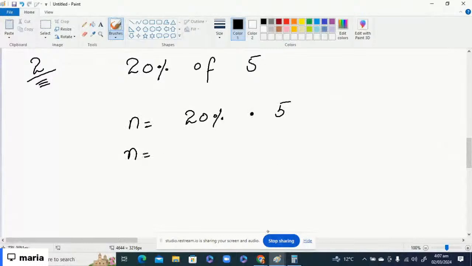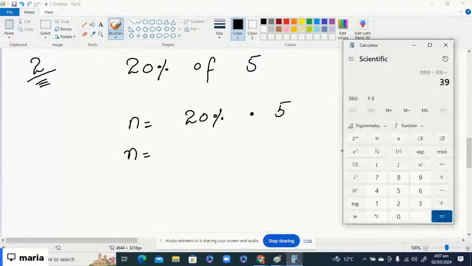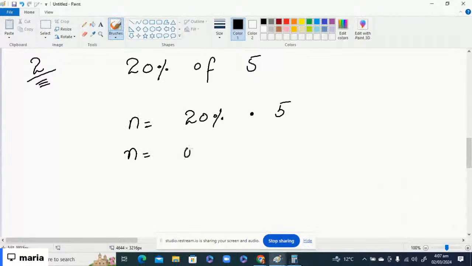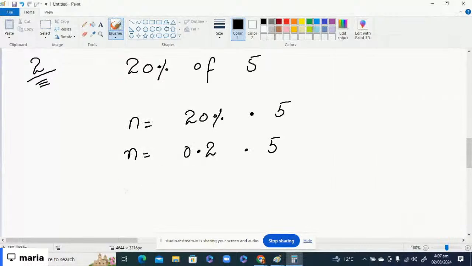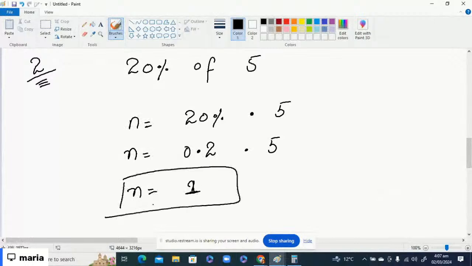So n is equals to, what is 20%? 20% means 20 divided over 100. So the answer is 0.2, then times 5. Now just multiply 0.2 times 5. Then what's the answer? It's 1. So your n is 1. Okay, this is the question that we solved for the first method.